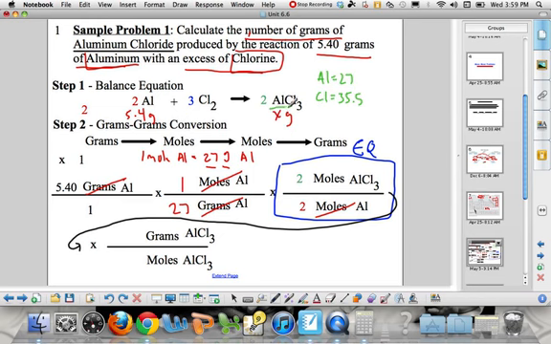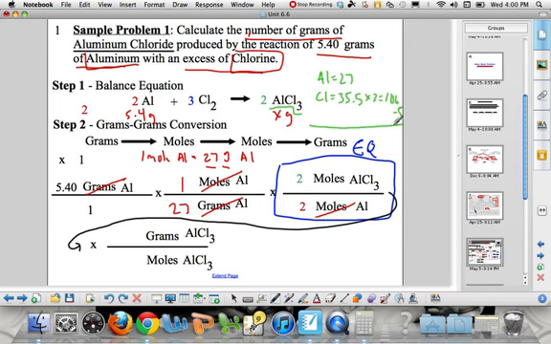If we look at aluminum chloride, I've got 3 chlorines here, so I need to multiply this 35.5 by 3 and then add up my difference. So 35.5, multiply that by 3, I get 106.5.